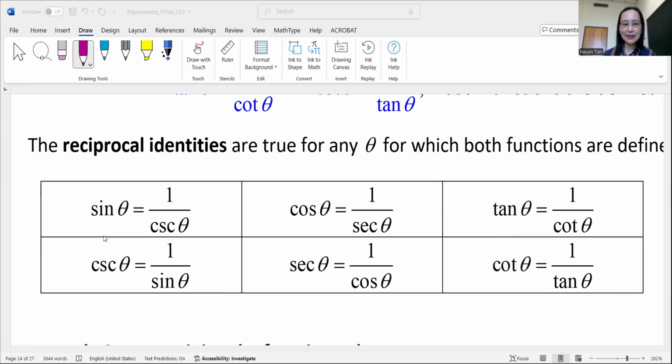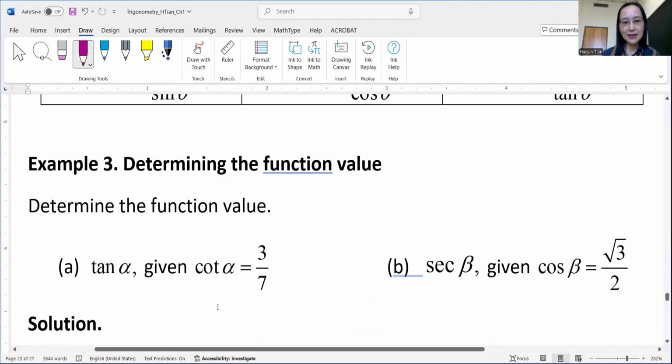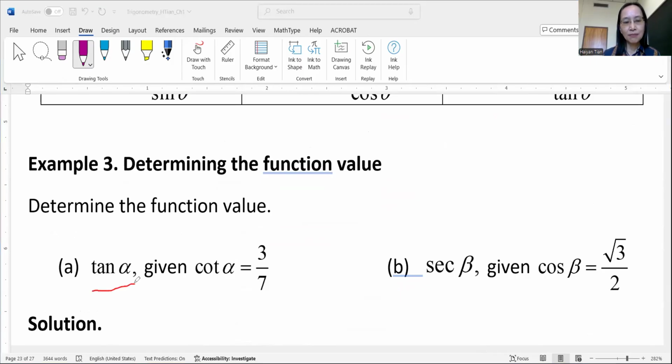Okay, so we have 6 identities, and they can serve you whenever you need them. Let's take a look at this problem. We are looking for tangent alpha. We know the cotangent alpha is 3/7. And what is tangent?